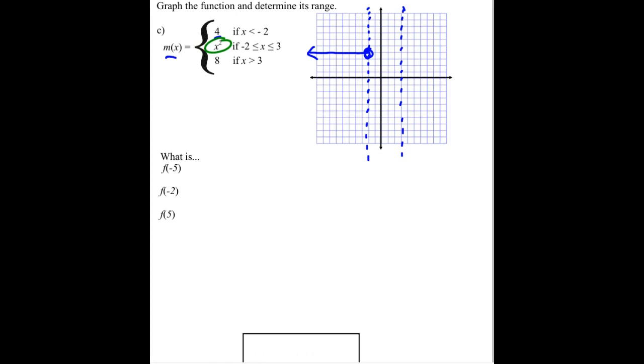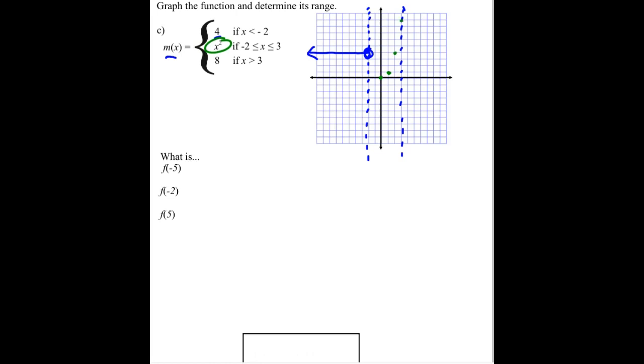No transformations on this. This is our parent function. Has a vertex where? 0, 0. Opening up or down? Opening up. If I plug a 1 in, I get 1. If I plug a 2 in, I get 4. And if I put a 3 in, I get 9.